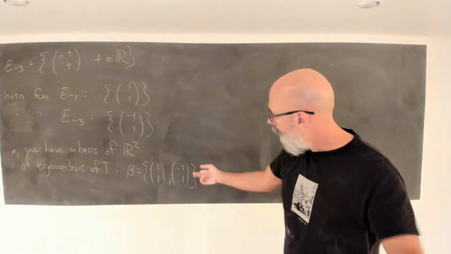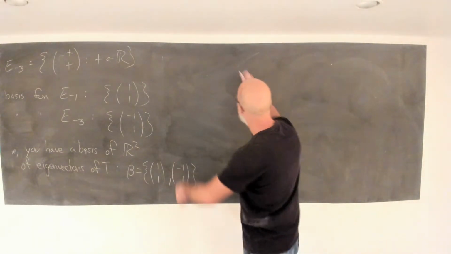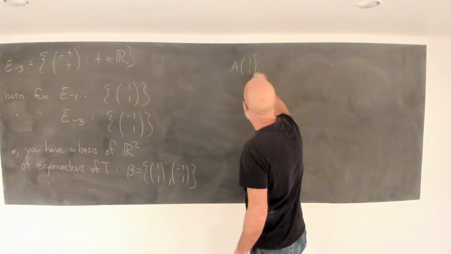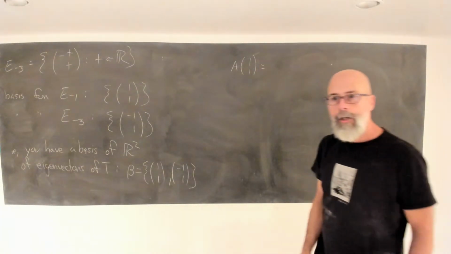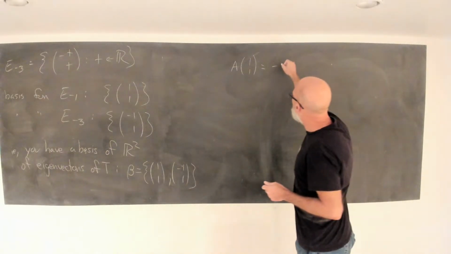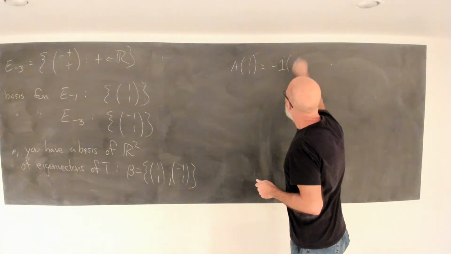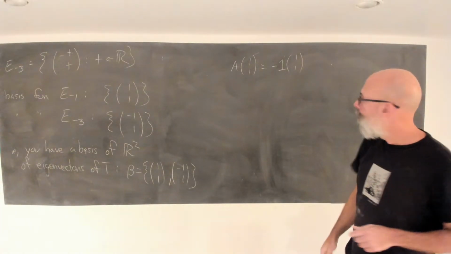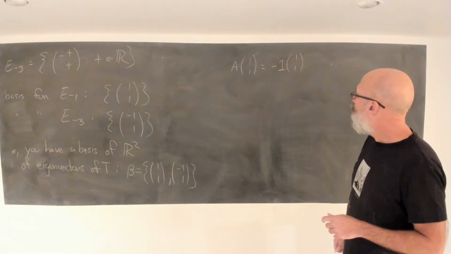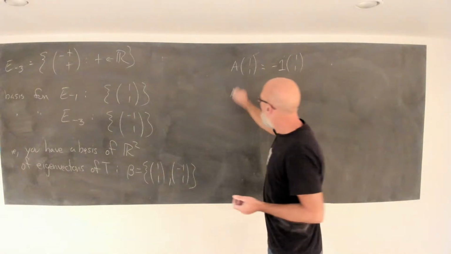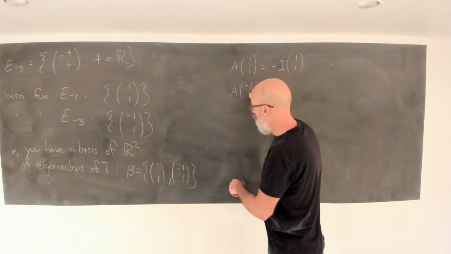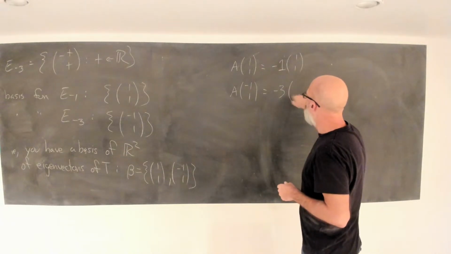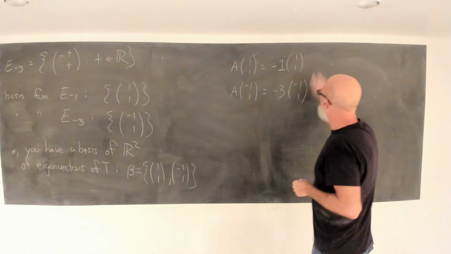with these being eigenvectors? Well, it means that A times 1, 1 was minus 1 times 1, 1. And A times minus 1, 1 was minus 3 times minus 1, 1.